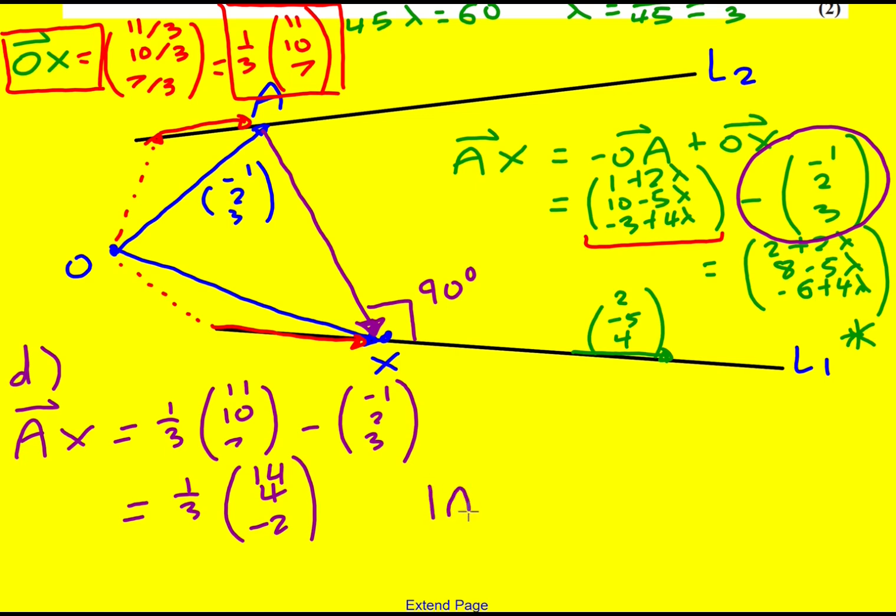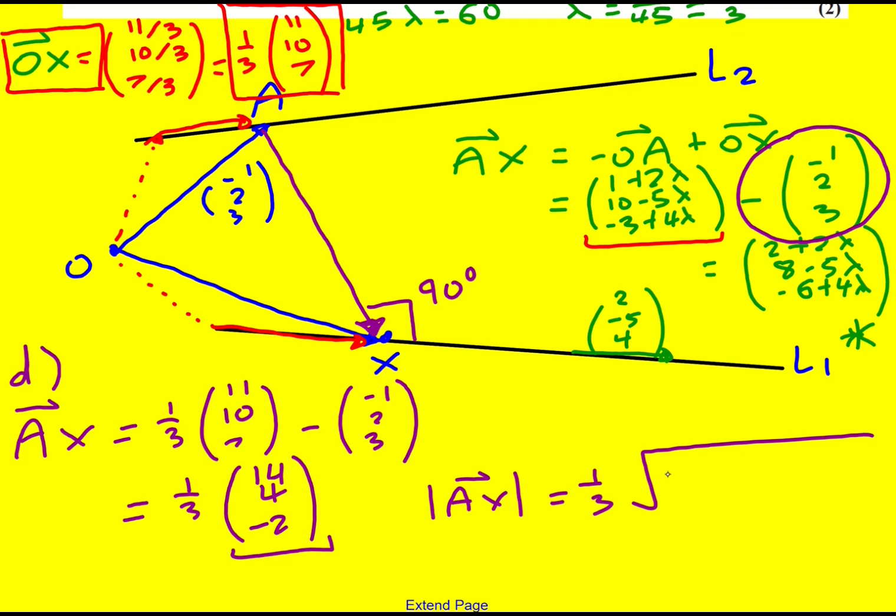Which means if we want to find the magnitude, then we can apply Pythagoras. So we can find the length of this vector and just then times by a third. Okay, so we don't need to do anything with that third really.